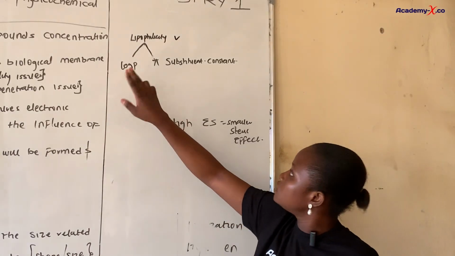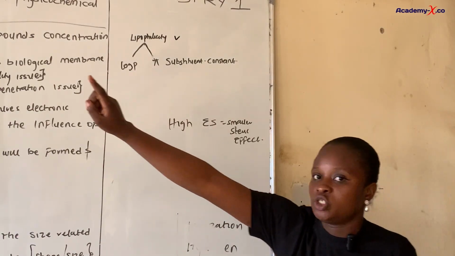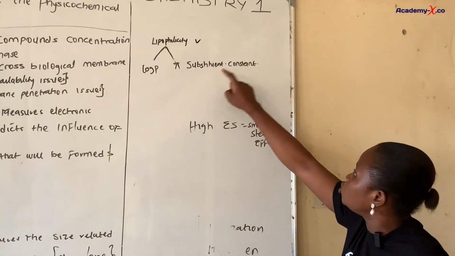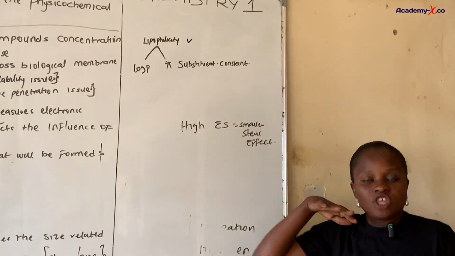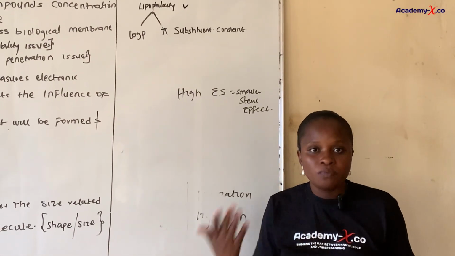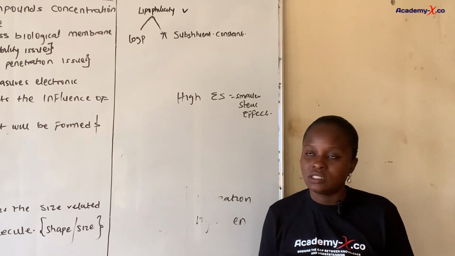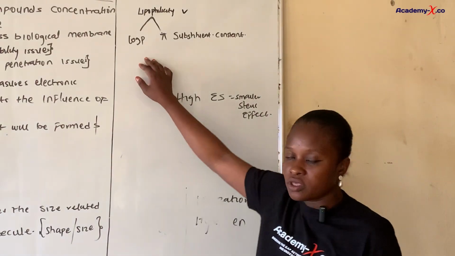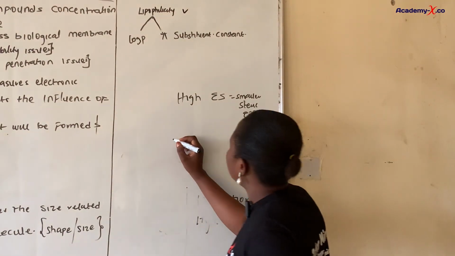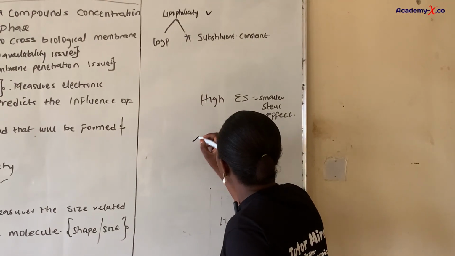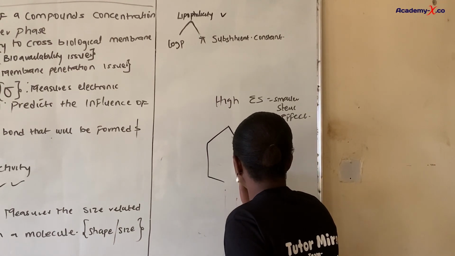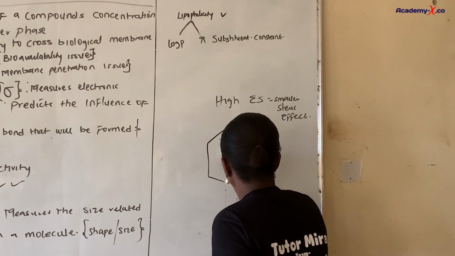One of them is log P, which happens to be our partition coefficient, and also the pi substituent constant. When you describe lipophilicity, you are looking at how hydrophobic that substance or compound is. And when you look at log P, the partition coefficient, you are trying to consider the lipophilicity of, let's say for instance, this drug molecule. This is an example.